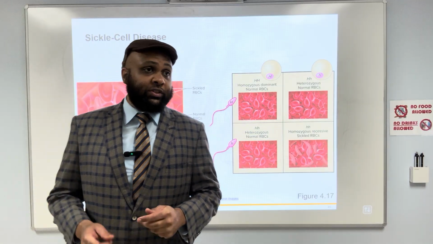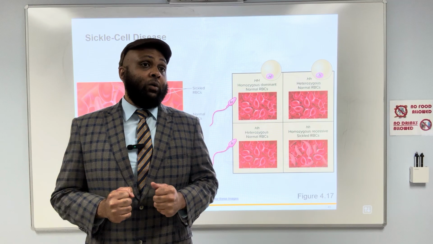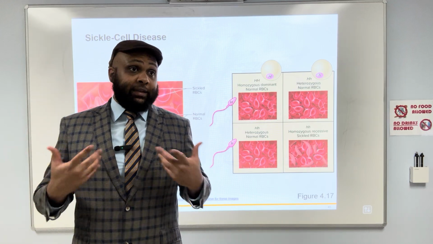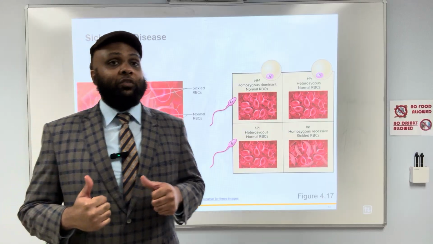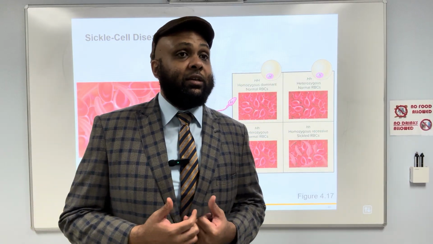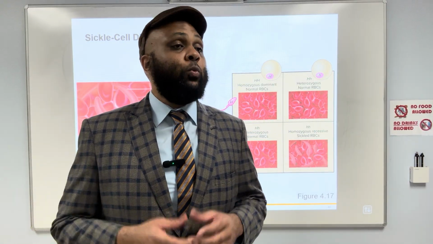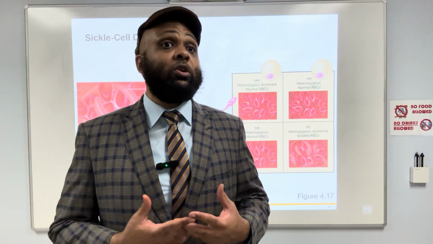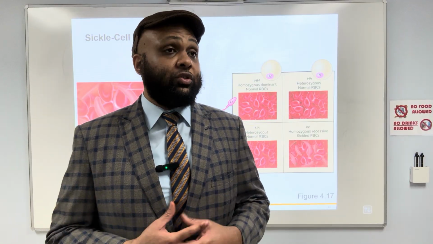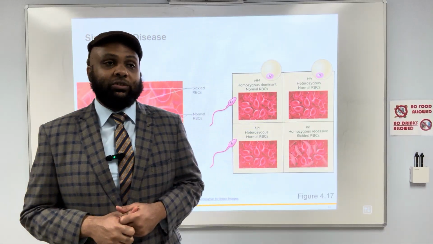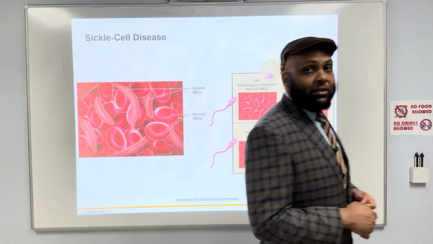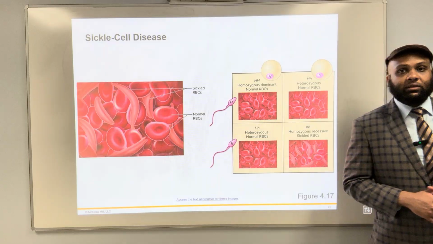But when both of us start running on the treadmill, when there is an oxygen demand, then the cells of the person that has sickle cell anemia will start to sickle when you need them the most, when you need them to carry extra oxygen. Questions? Is this clear?